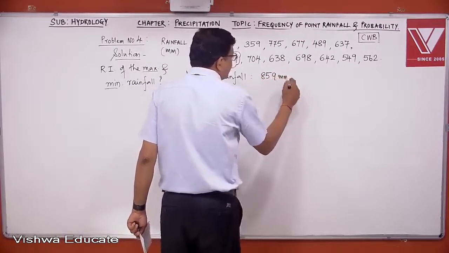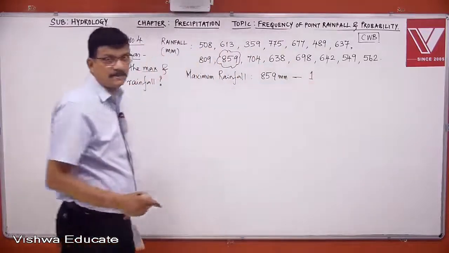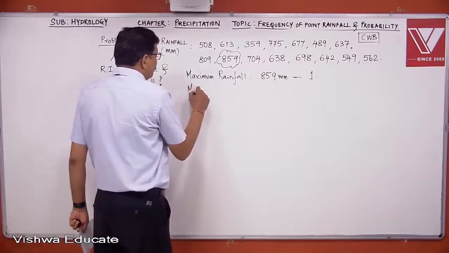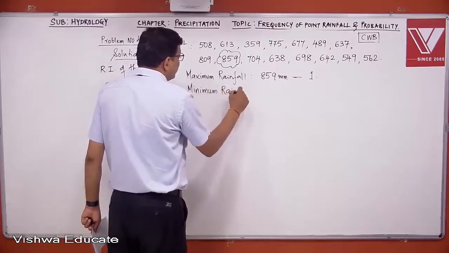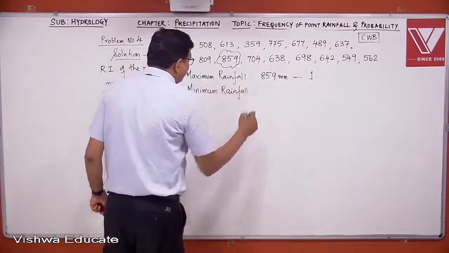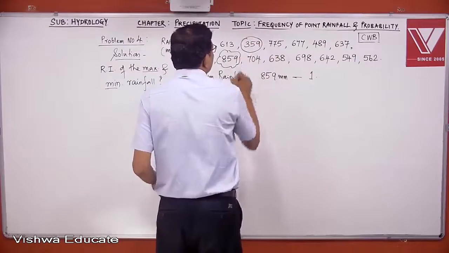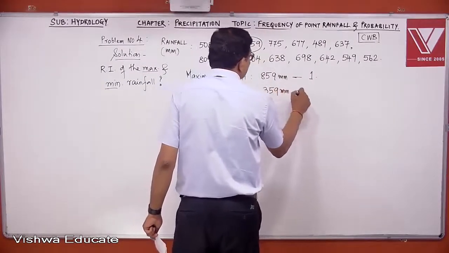This is the rank number 1, severest of the storm, whereas the minimum rainfall is 359 millimeters.